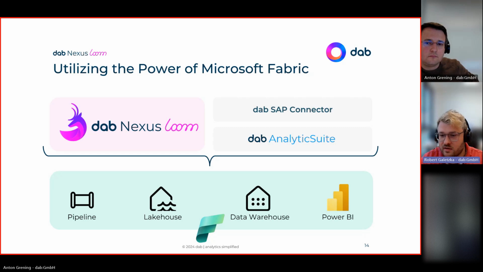That's the DAB Analytics Suite, which has 300 analytics, but we are using more the ideas of the analytics suite in the context of DAB Nexus Loom to provide certain information and insights to the user using Loom.